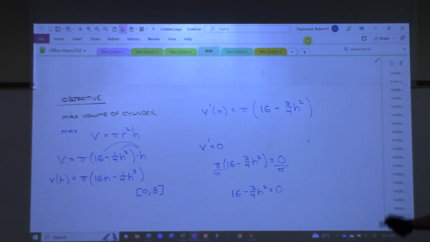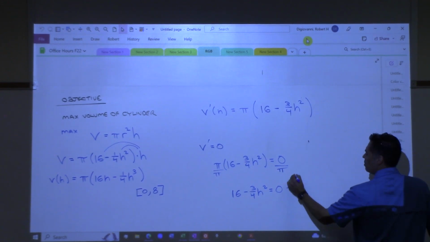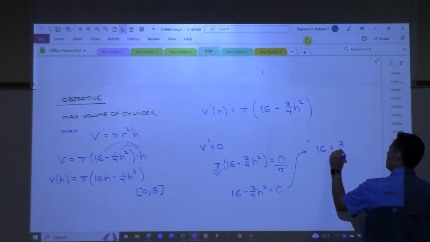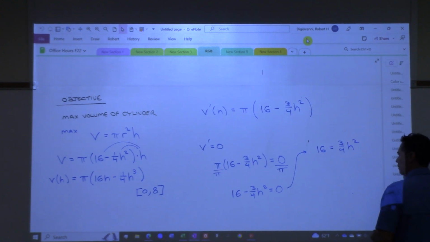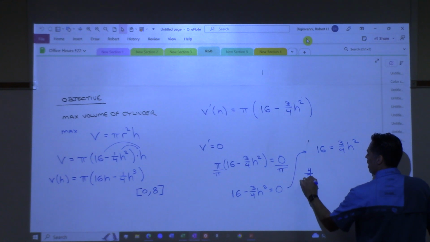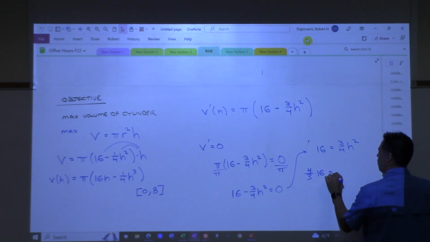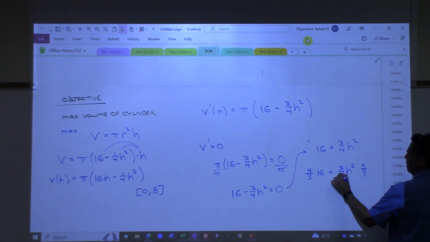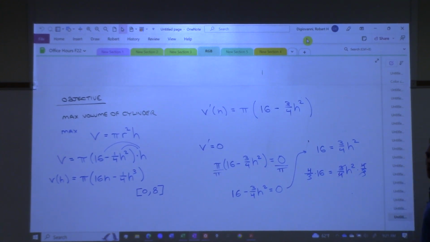The way you solve this is kind of up to you. I'm going to move the negative term to the right-hand side to make it positive. I'm going to multiply both sides by the reciprocal of 3/4, which is 4/3, and that has the effect of killing off the fraction on the right.